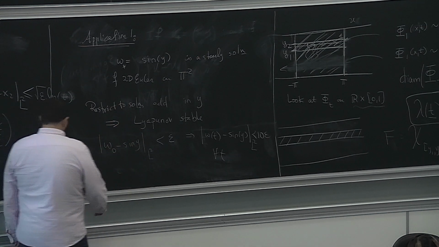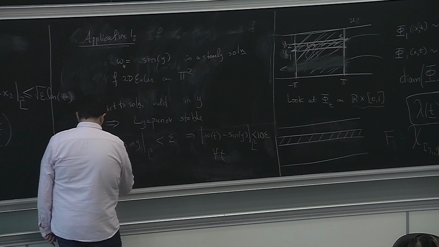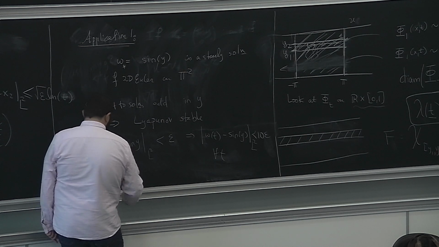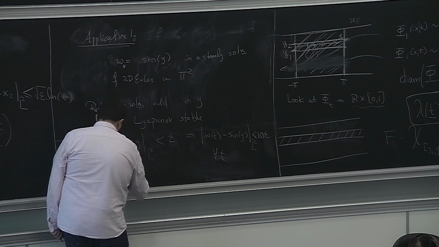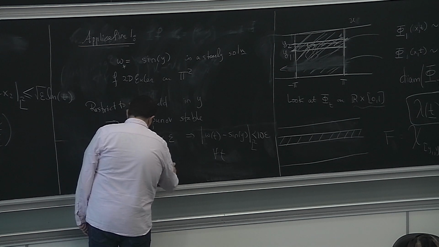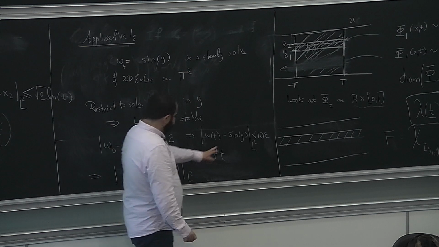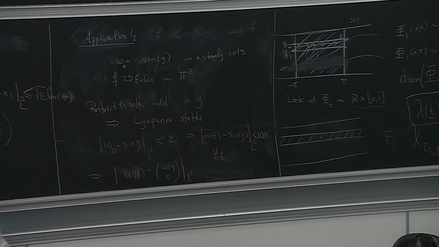And that implies that omega of t, the flow map, the velocity field. The vorticity sine y is coming from velocity cosine y comma 0.